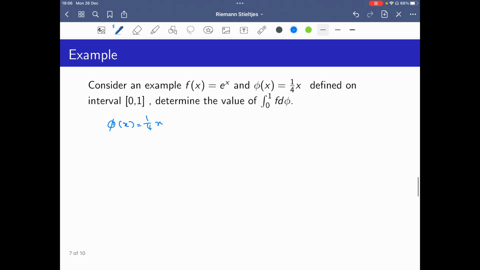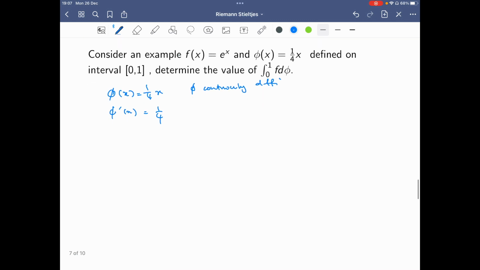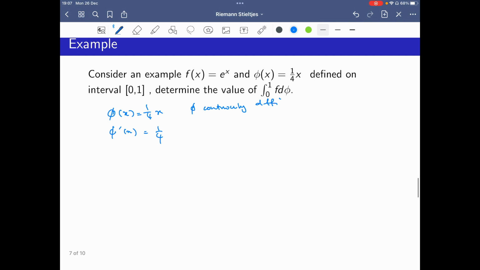The condition says that this phi function has to be continuously differentiable. So we differentiate: phi prime of x is equal to 1 over 4. It's obviously a continuous function, just a constant function. Then we can use the theorem.